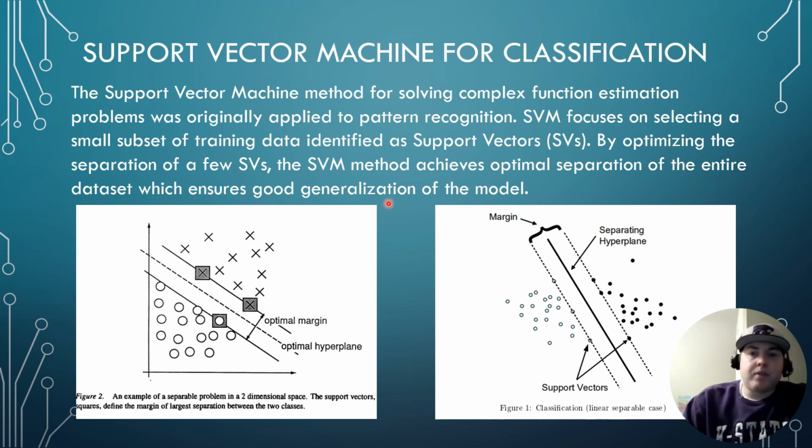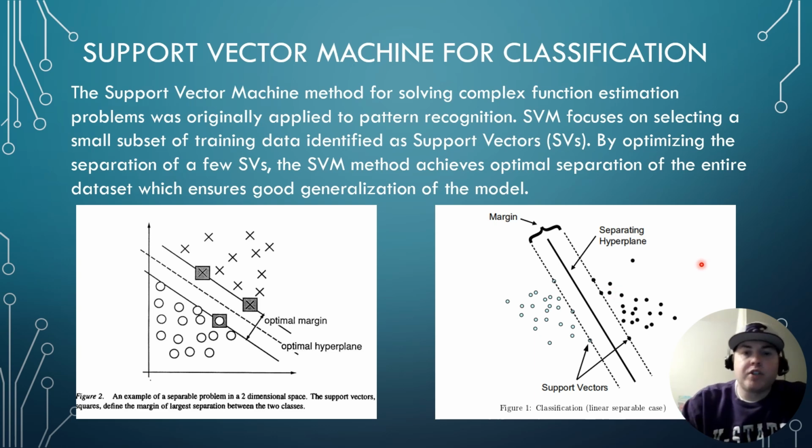By optimizing the separation of just a few support vectors, the support vector machine method achieves this optimal margin and optimal separation of the entire data set, which ensures good generalization of the model. The goal of support vector machines is to optimize that margin utilizing the fewest support vectors. Within this margin is a hyperplane, which serves as the model's primary predictive function.